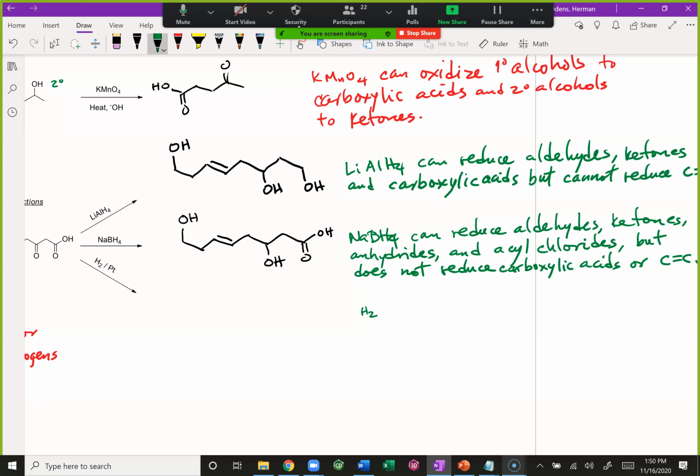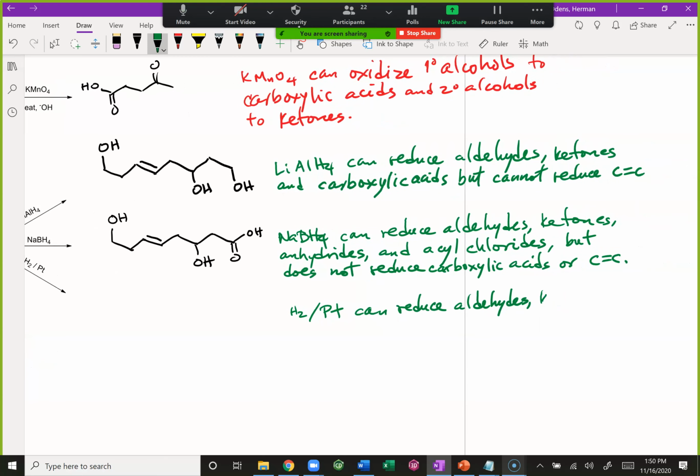So hydrogen and platinum, also palladium and nickel fall into this category, can reduce aldehydes, ketones, and alkenes, double bonds, but does not reduce carboxylic acids.